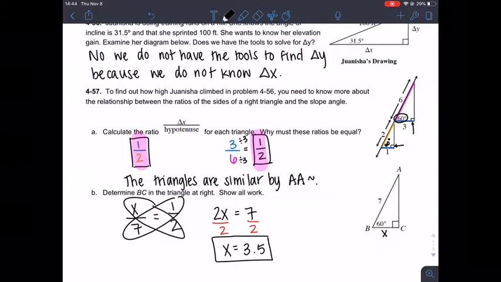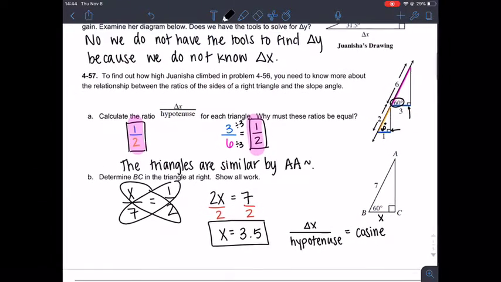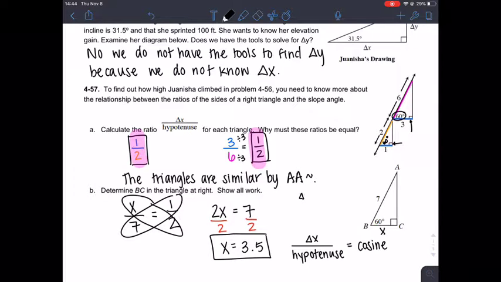When we have our change in x, our run, over our hypotenuse, we call that the cosine. So a change in x over the hypotenuse is our cosine ratio. And when we have our change in y over our hypotenuse, we call that our sine ratio.